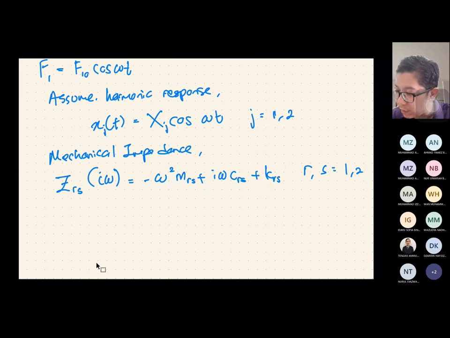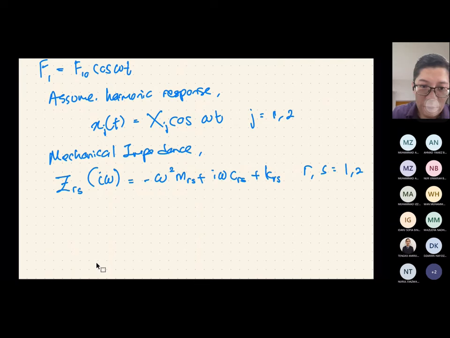Basically it is similar to the one that we did before, with capital X equals to, and since there is no C, we are left with omega squared and K.